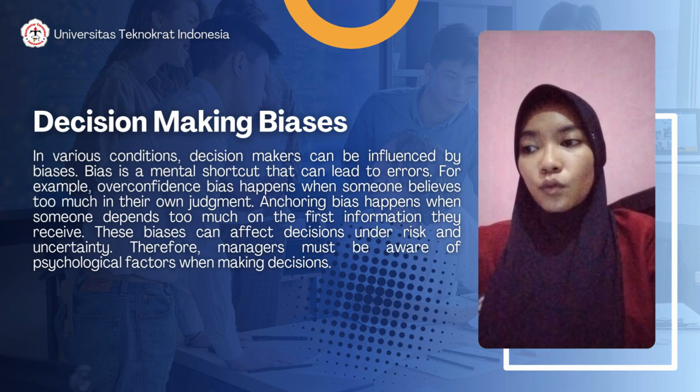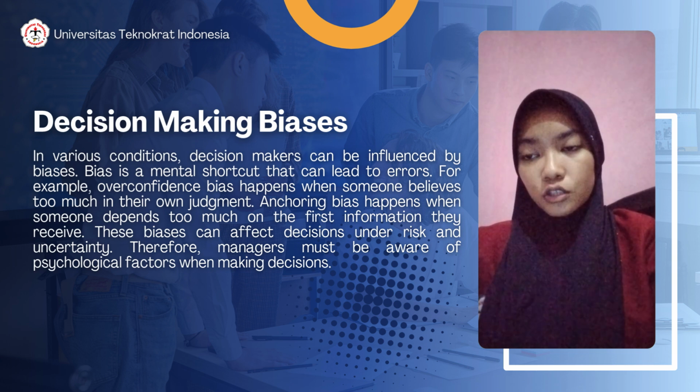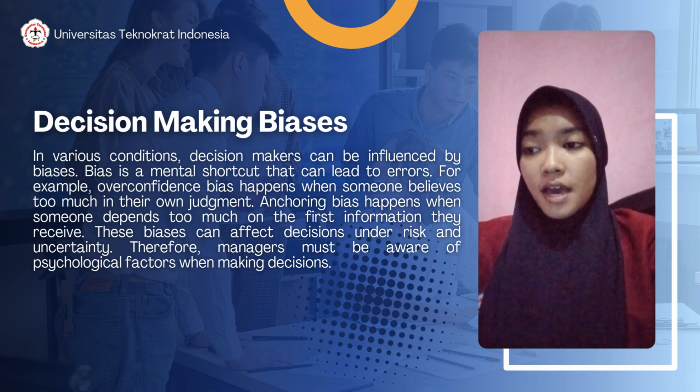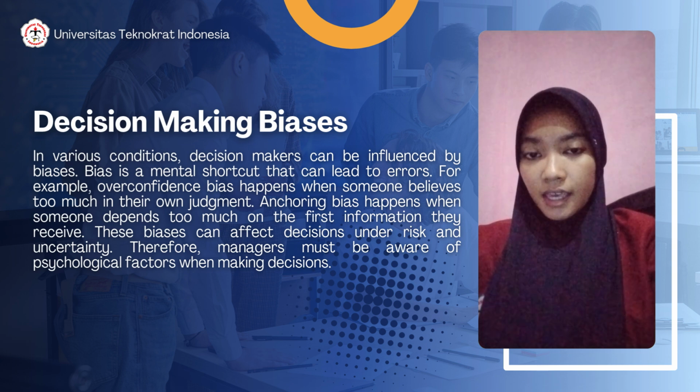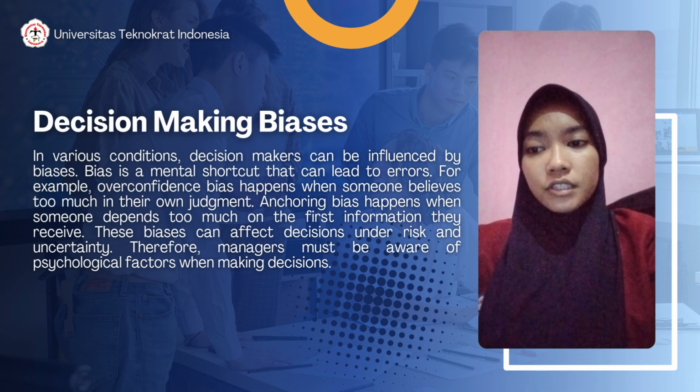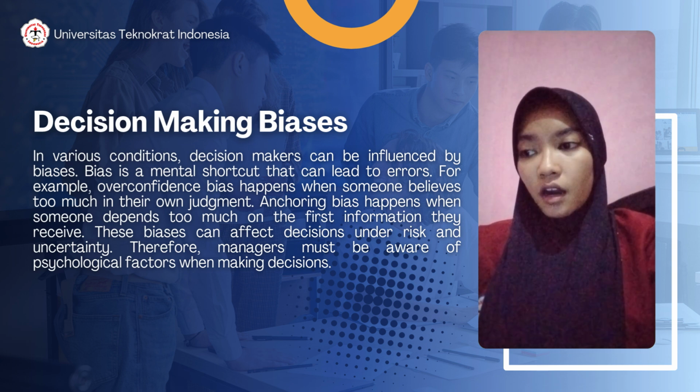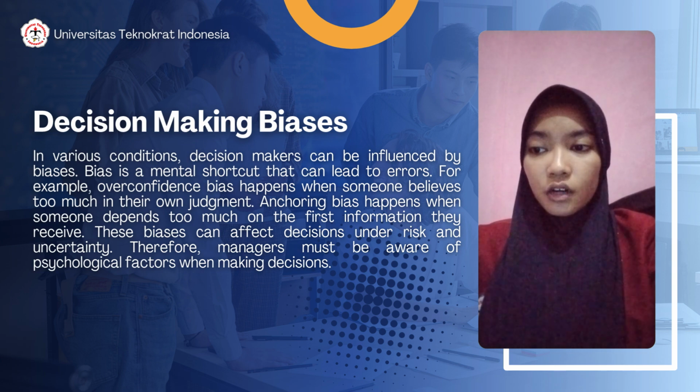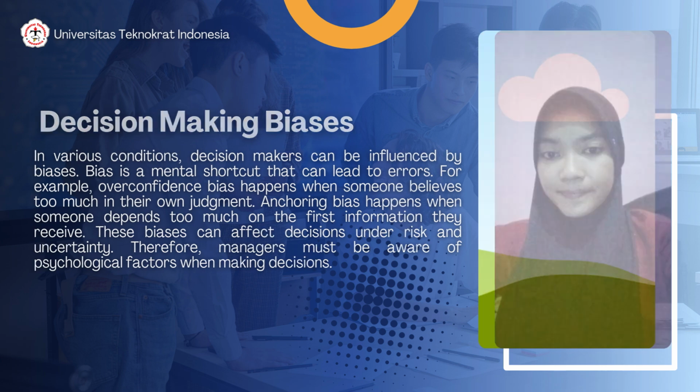Anchoring bias happens when someone depends too much on the first information they receive. These biases can affect decisions under risk and uncertainty. Therefore, managers must be aware of psychological factors when making decisions.